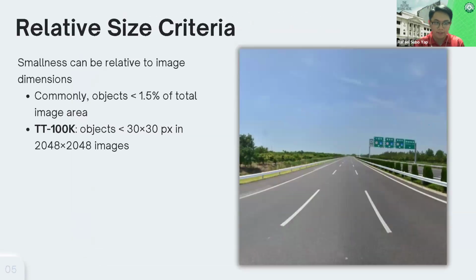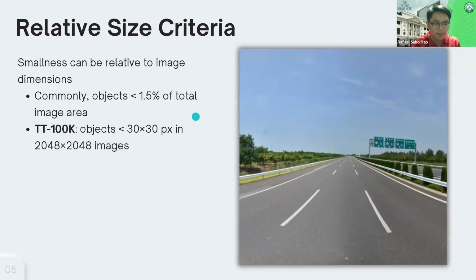Next definition we have is relative size criteria. Defining what counts as a small object doesn't always depend on its pixel dimensions alone. Sometimes some papers will define them using their relative size, how large an object appears compared to the image it is in. This can provide a much more realistic and context-aware metric.